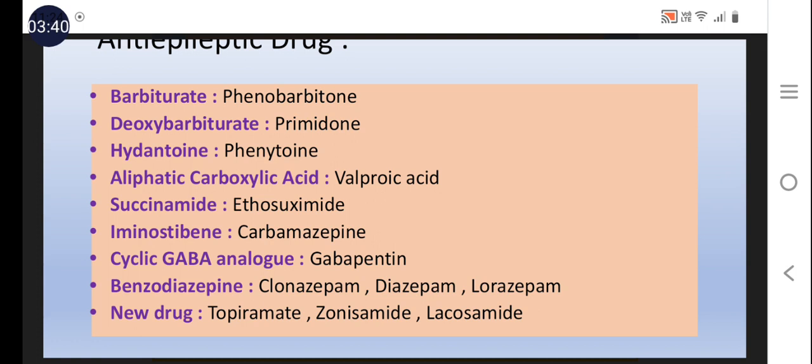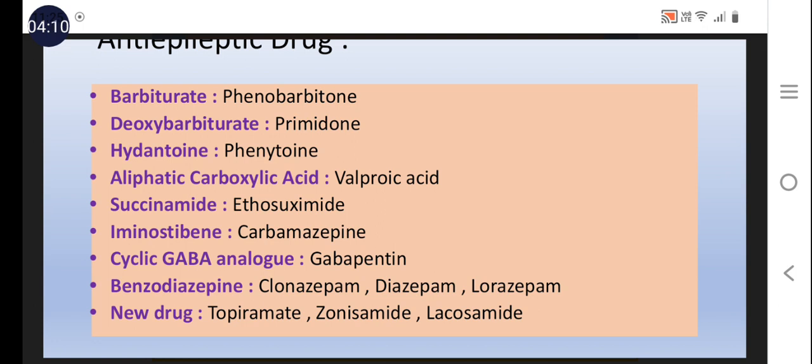GABA is an inhibitory neurotransmitter in our body. In case of seizure, there is an increased level of the excitatory neurotransmitter in the brain, so it is necessary that the level of inhibitory neurotransmitter like GABA needs to be increased. Cyclic GABA analogs like gabapentin are useful.